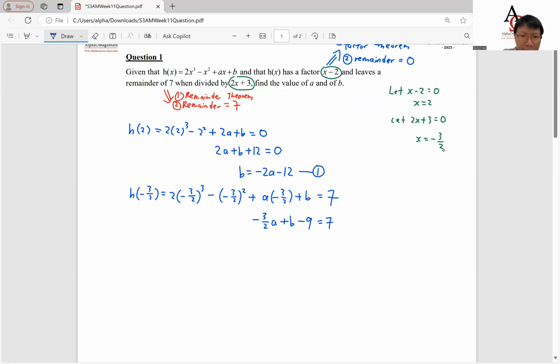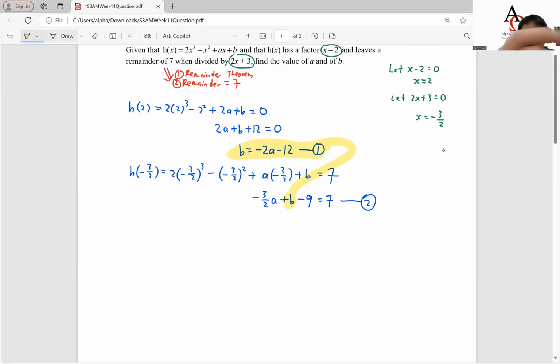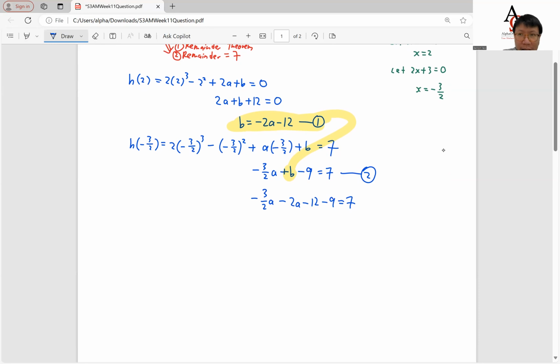Now we can apply our substitution method and sub equation 1 into equation 2. We will get negative 3 over 2a minus 2a minus 12 minus 9 equals 7. We will shift the constant terms to the right to solve.